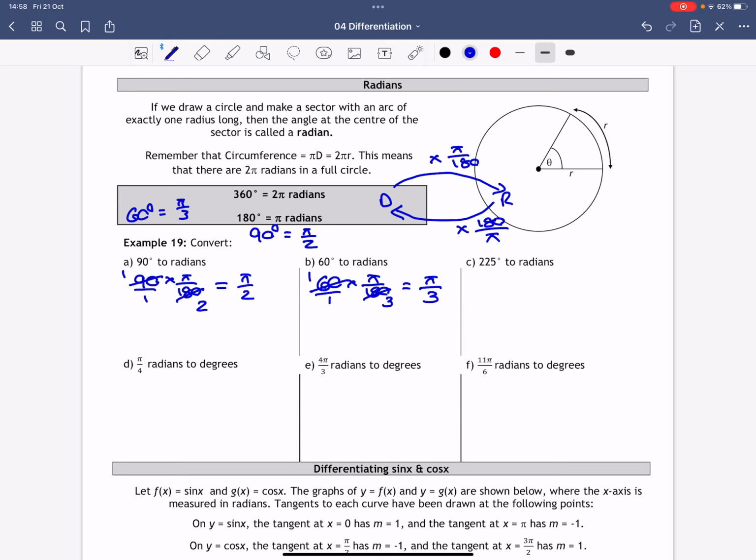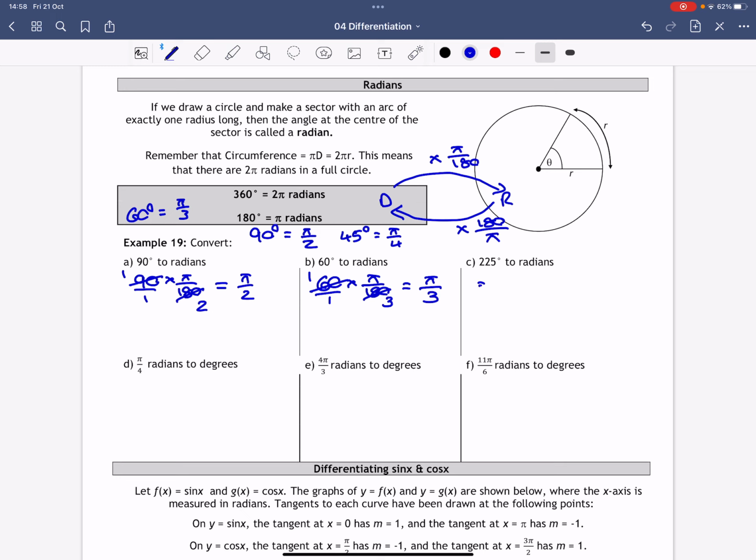225 degrees into radians. So let's think of it as 225 is a multiple of 45. So if we think of 90 degrees is pi over 2, then 45 degrees is going to be half of that, which is pi over 4. So if I have got pi over 4 is 45 degrees, there are 5 45s in 225.